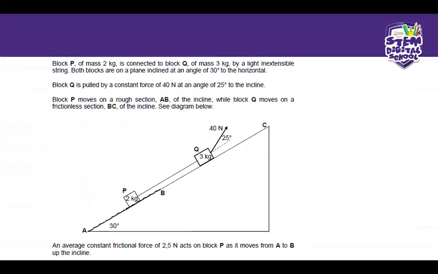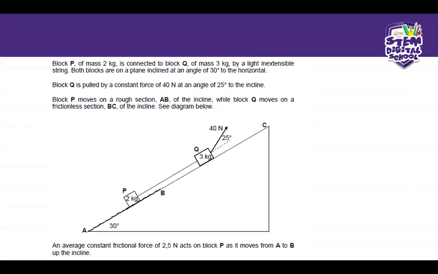It says block P of mass 2 kg is connected to block Q, of mass 3 kg, by a light inextensible string. Both blocks are on a plane inclined at an angle of 30 degrees to the horizontal. Block Q is pulled by a constant force of 40 Newton at an angle of 25 degrees, which you see right here, to the incline.